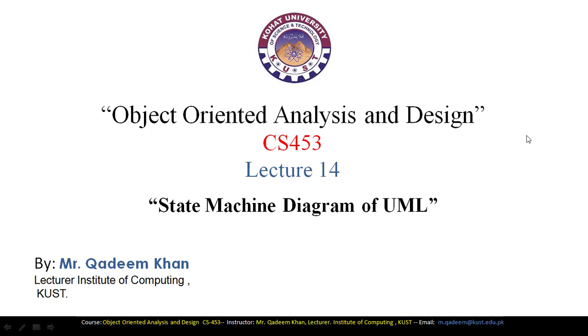Dear students, in the state machine diagram we have multiple states and every state represents particular functionality. Now, every object which is associated with a class has a set of functionalities, that is the data members and the member functions. The member function provides some useful information to the user.